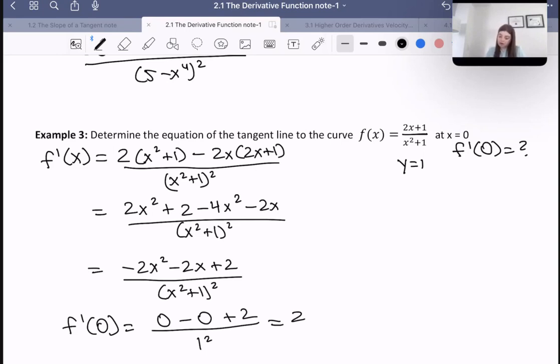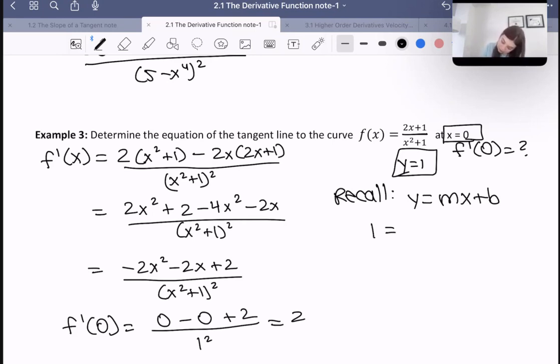Now, recall that every line goes by this format, y equals mx plus b, where m is the slope and b is the y-intercept. We have the slope, and we also have a point on the graph, right? We know that (0, 1) is a point on this graph, and we also know that the slope m is 2, and from there we can find the b value. 1 is equal to 2 times 0 plus b, so therefore b is equal to 1.